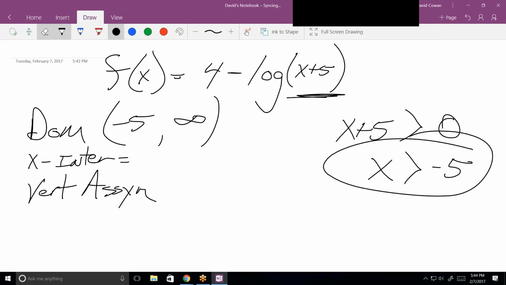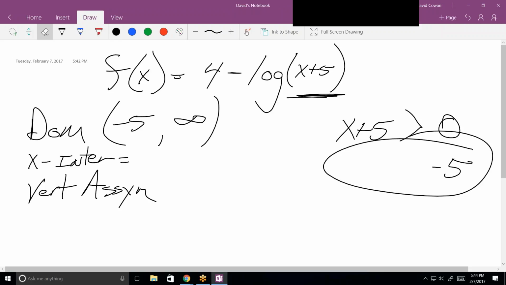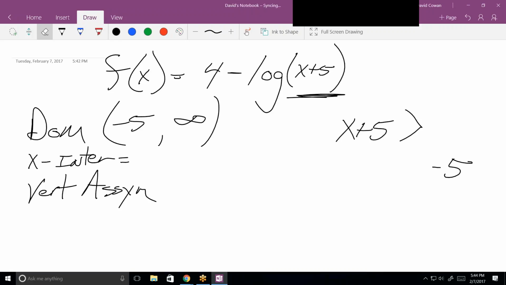You set it equal to 0. Yeah, x intercepts, by definition, x intercepts means y is 0. So I'm going to set this whole thing equal to 0 and then solve that equation. If I can ever get this thing to erase. All right. So if I set that equal to 0 and now solve that equation.